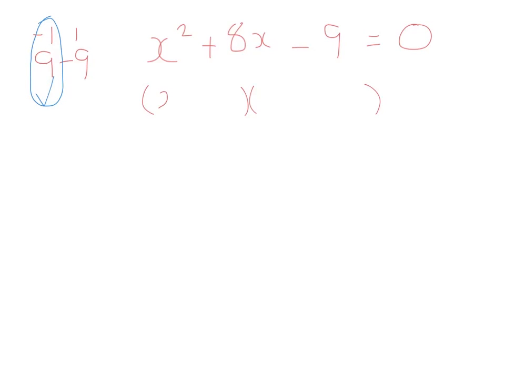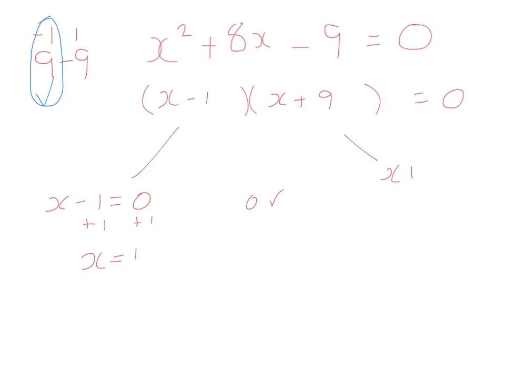So this is what I'm going to put into my brackets. So I'm going to have x take away 1 and x plus 9 equals 0. So I've got two things multiplying together that equals 0. So either this first bracket could be equal to 0, and if I solve that, I'm going to get x equals 1. Or this second bracket could equal 0, x plus 9 equals 0.